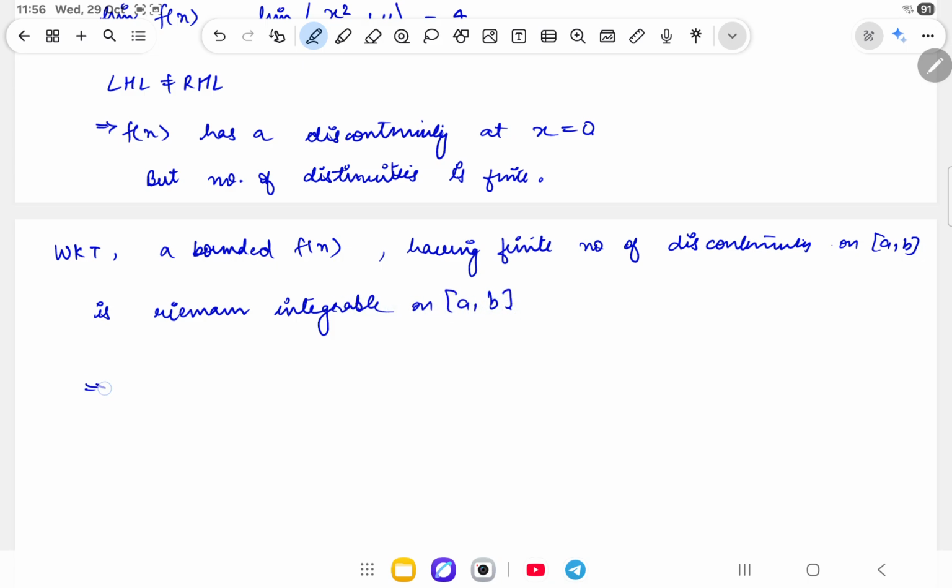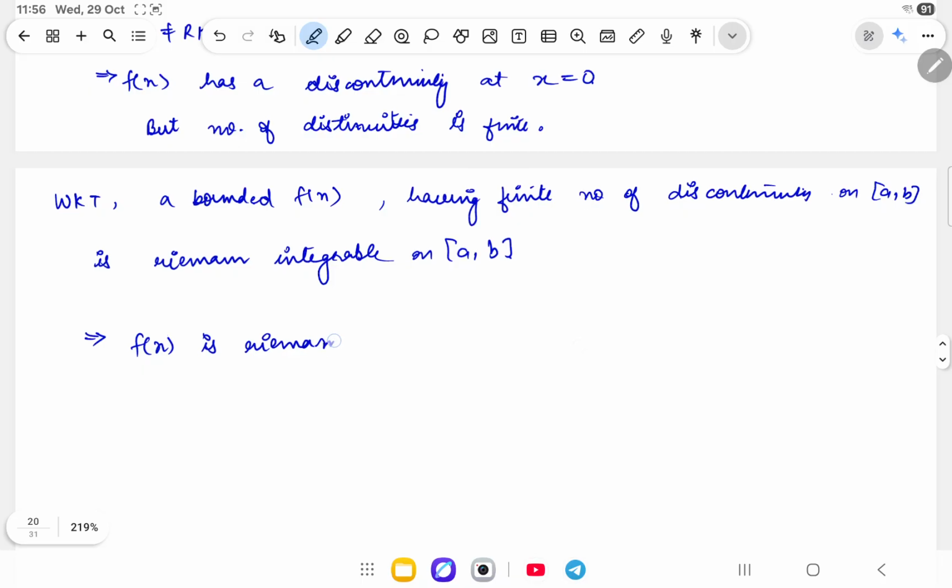So using this I can conclude that my function f(x) is Riemann integrable on closed interval -1 to 2.